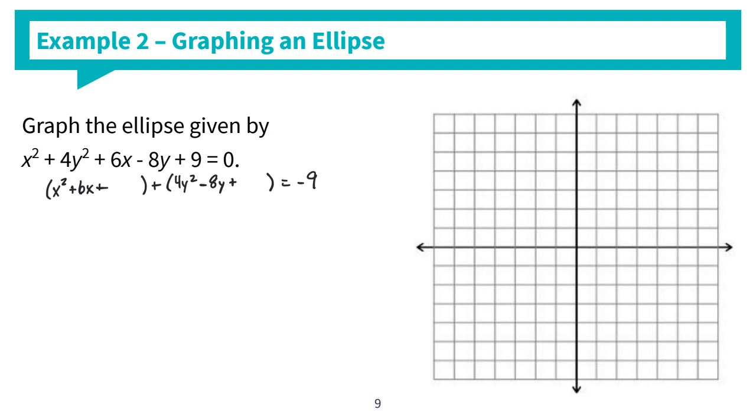Now, what we want to do is complete the square. We want these parentheses, which right now are only binomials, to become perfect square trinomials. So we have to find that one number that when you multiply it and add it, it's going to be the same exact number.